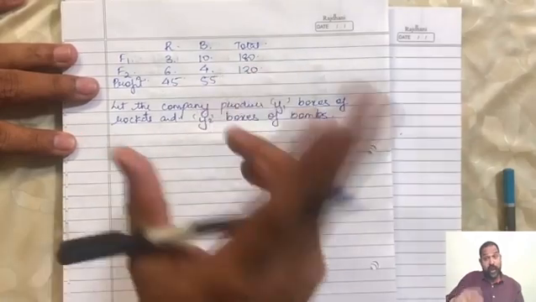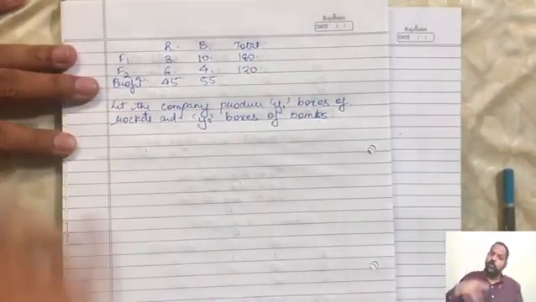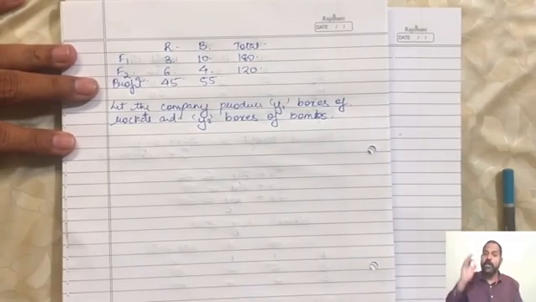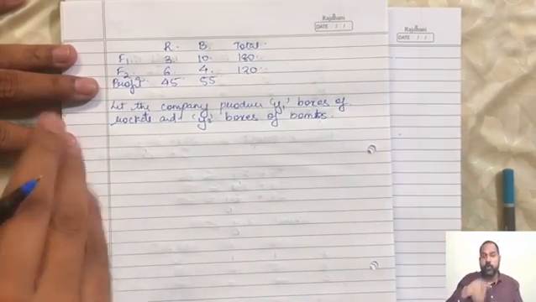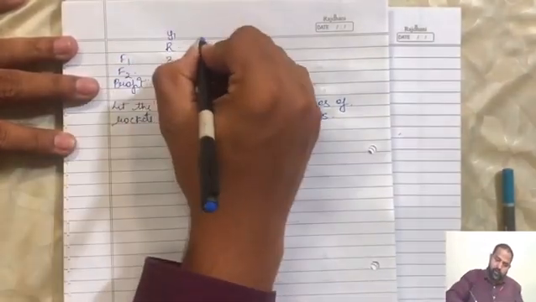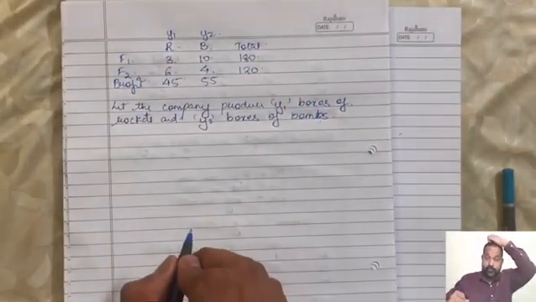So here I have used Y1 and Y2. There I used X1 and X2. You can use X and Y also, but make sure you declare whatever you are using, so the examiner also knows what denotes what. So this is Y1, this is Y2.